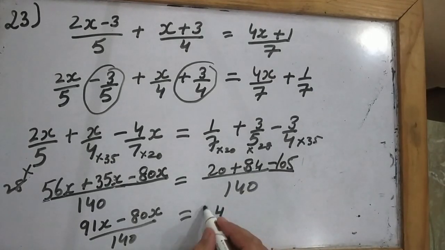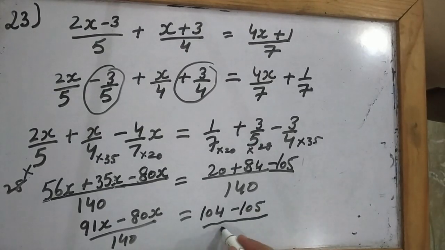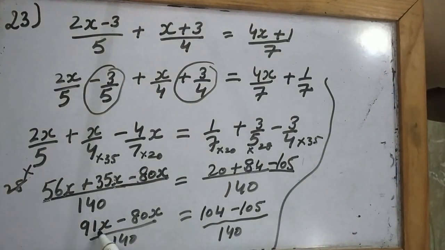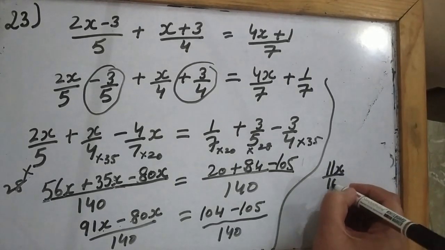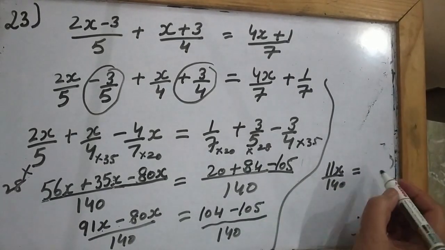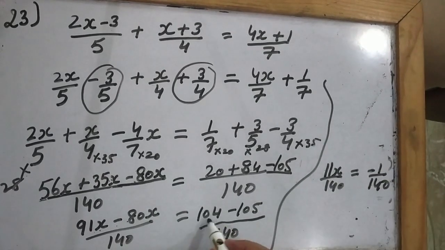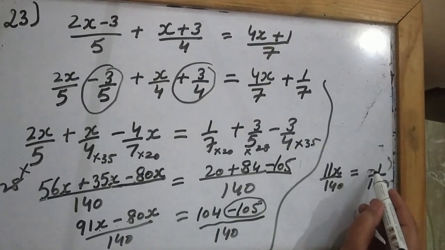So this will be 104 minus 105 upon 140. Now if you will solve this, 91x minus 80x, so that will be 11x upon 140, and other side you have minus 1 upon 140. So 104 minus 105, and this is bigger, so my answer will be minus 1 upon 140.